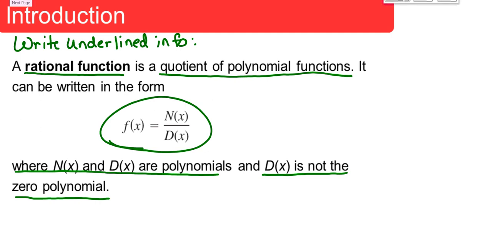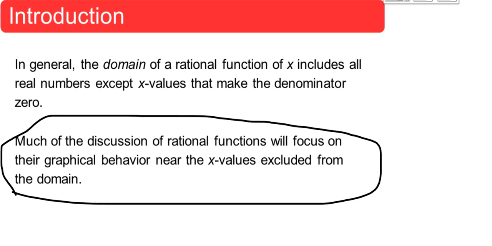So in general, the domain of the rational function includes all the x values that are real numbers except x values that make the denominator equal to 0. Much of the discussion of rational functions will focus on their graphical behavior near the x values excluded from the domain. So we're going to focus on those points.